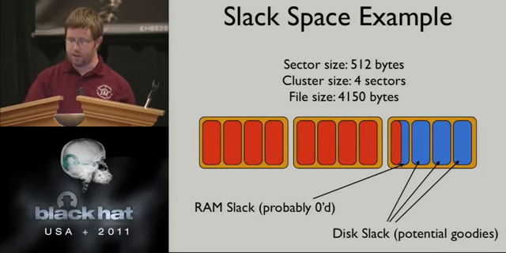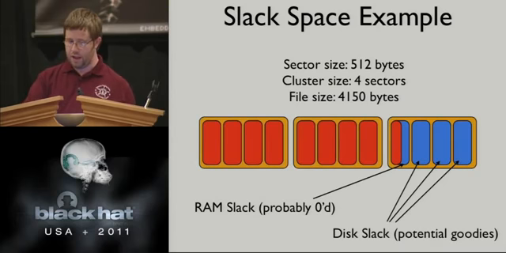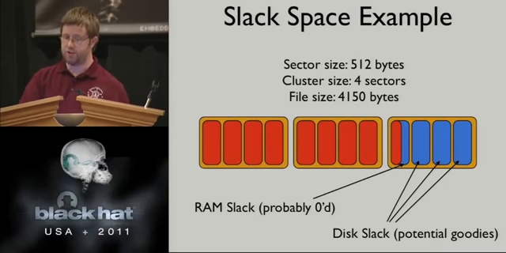Cluster size of 4 sectors. Now, you'll see cluster sizes of 4 sectors, 2 sectors, 8 sectors, 16, typically in powers of 2. And it's basically a balance of performance, how efficiently the operating system can get you a set of clusters to put data in, and how much space you want to waste.